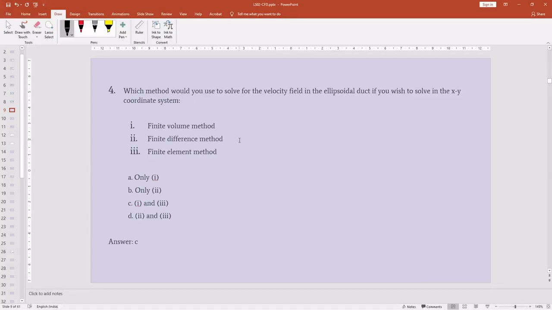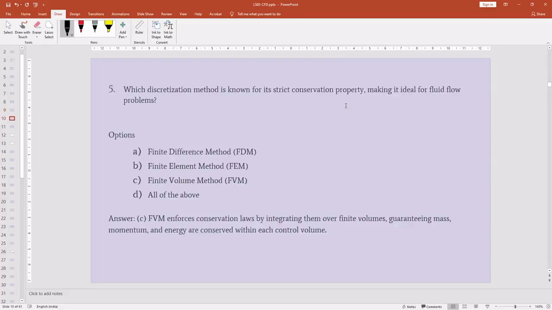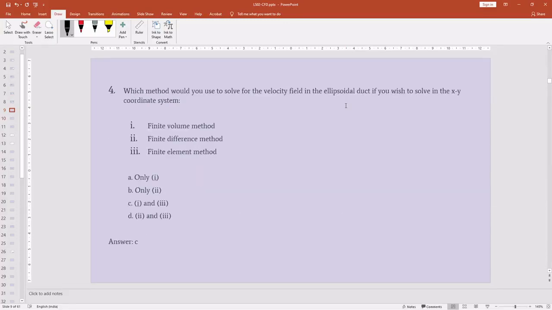So the next question is, which method would you use to solve for the velocity field in an ellipsoidal duct if you wish to solve in XY coordinate system? Here the three most common methods of CFD have been written.